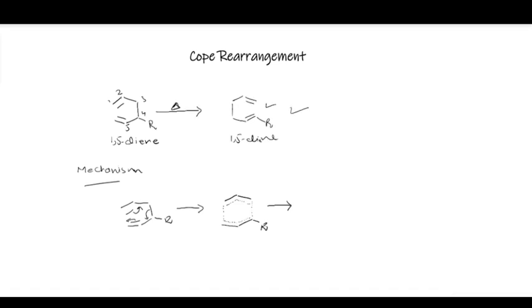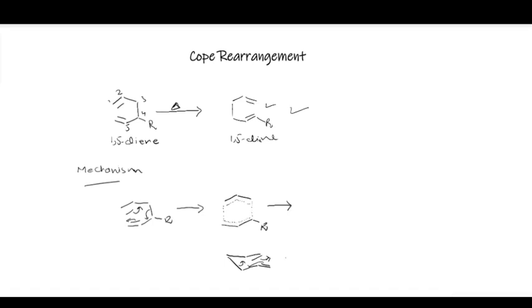In open chain systems, usually this transition state is actually a chair, it goes through a chair form. And if I can draw it here like this, what happens is that a new bond is formed here, and these bonds are broken.